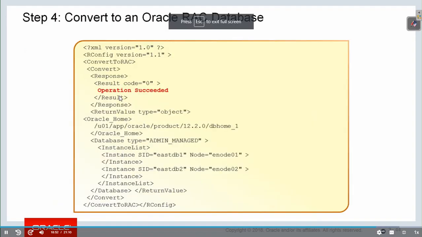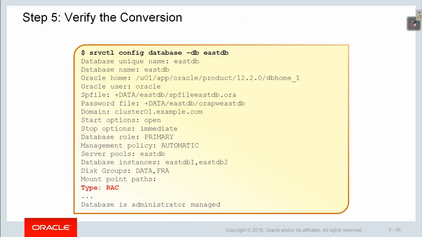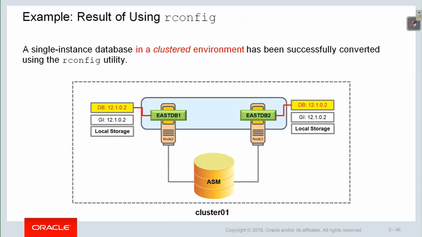By doing so, we can complete the conversion of a single instance database to a RAC database. Finally, you can verify my database has been converted to a RAC database. This is my final result. By using the rconfig utility, I was able to convert a single instance database that was running out of a clustered environment to a RAC environment without having to move my database.